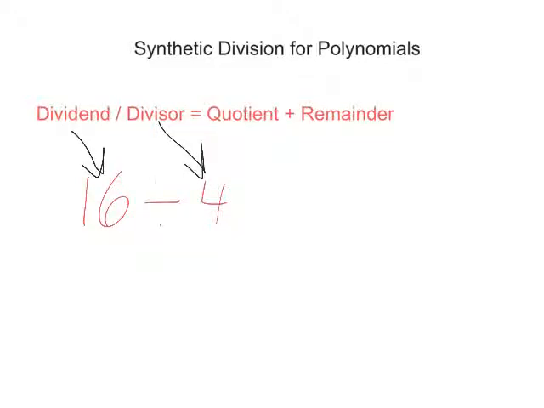There are other forms for writing a division problem. You may see it written as a fraction with the dividend on top, divisor on the bottom, or you may see it written with the division symbol. That's going to be equal to a quotient plus a remainder. So if we do the division here, the quotient would be 4, because 16 divided by 4 is 4. And in this instance, 4 goes into 16 evenly, so the remainder is 0.